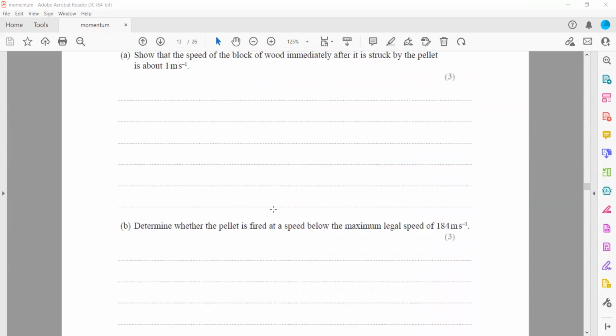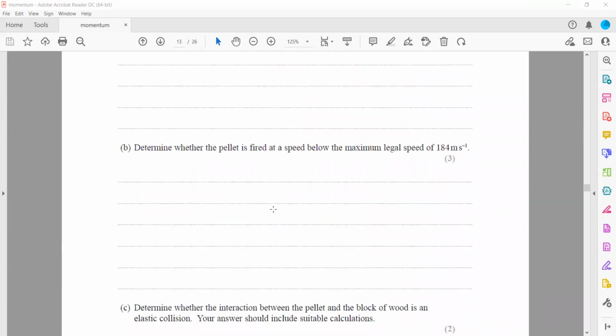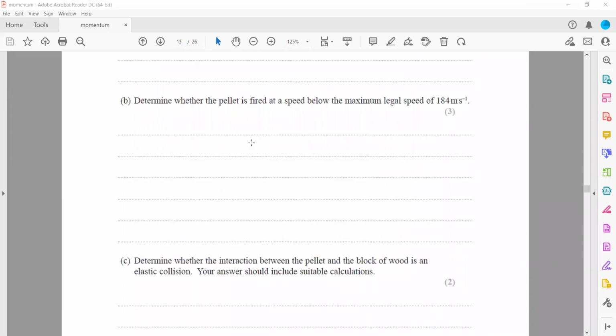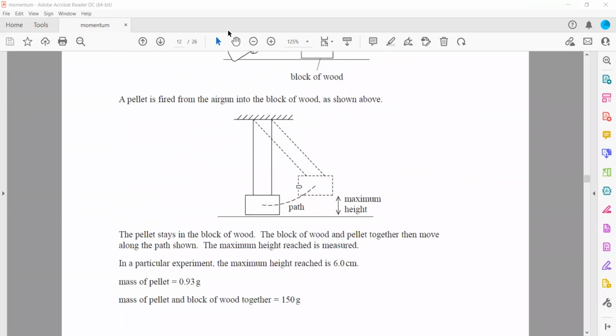Determine whether the pellet is fired at a speed below the maximum legal speed. How do we work it out? We know the speed of the pellet and wood together, and the mass of the pellet. So using this, we can work out the momentum first, using conservation of momentum.